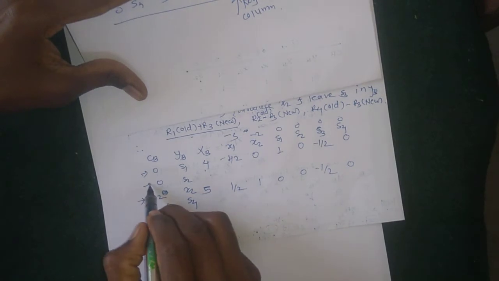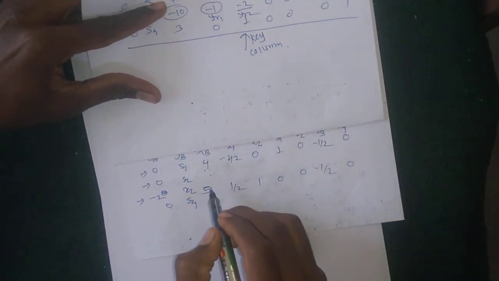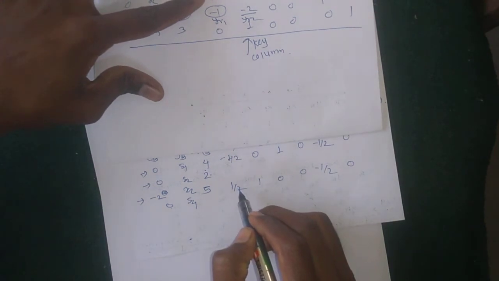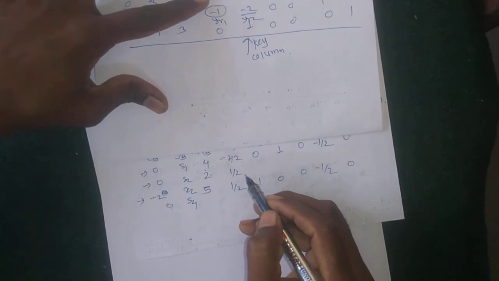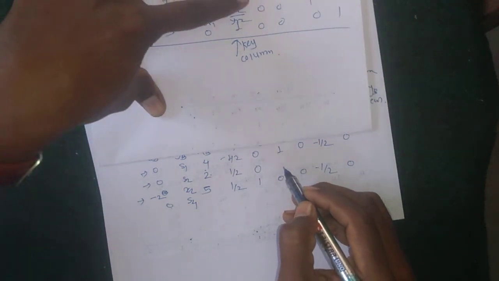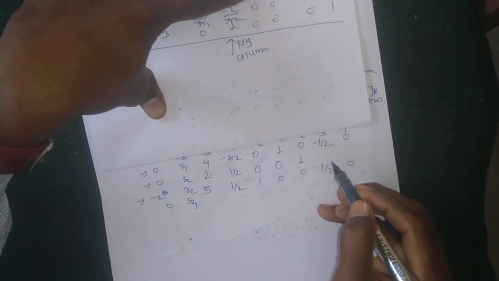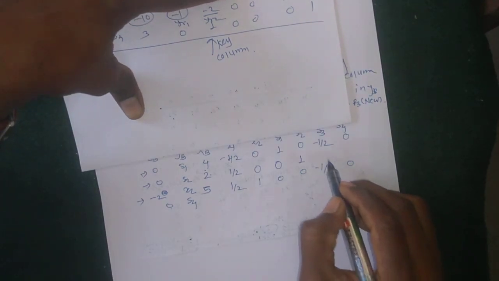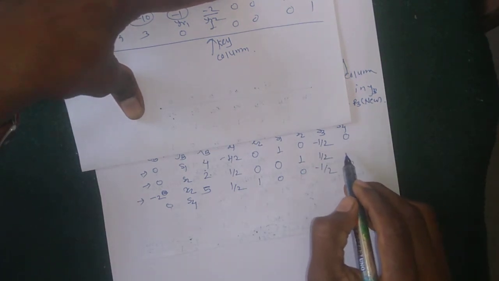Okay, for second row r2 minus r3, 7 minus 5 is 2. Then 1 minus 1 by 2 is 1 by 2. Then 1 minus 1 is 0. Then third is 0 minus 0 is 0. Then s2 column is 1 minus 0, sorry 1. Then s3 column 0 minus 1 by 2 is plus 1 by 2, and s4 column 0 minus 0 is 0.